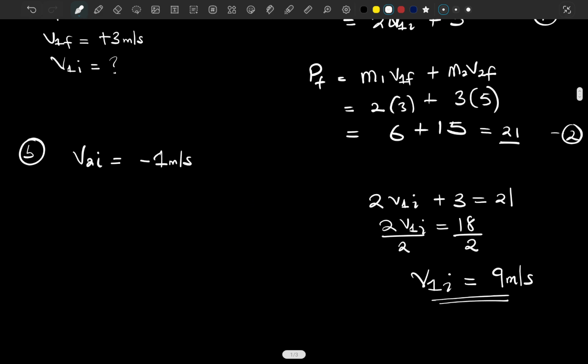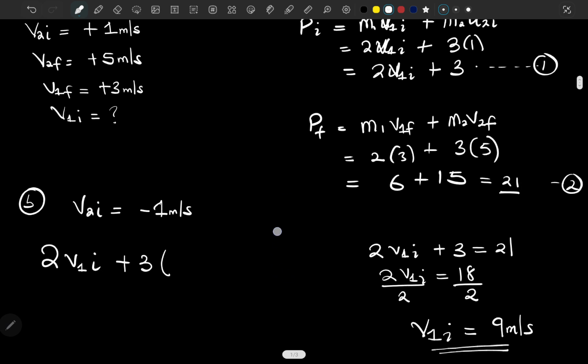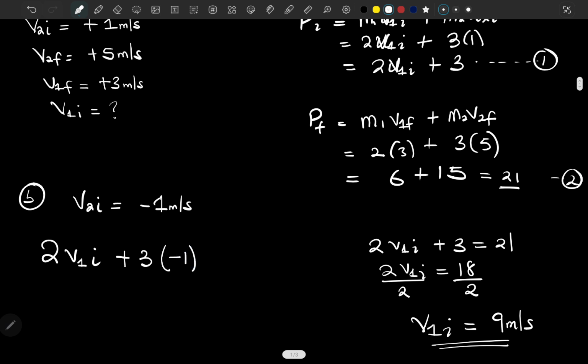Meaning, in all the equations that we got here, we had 2 v1i plus 3, where I put 1, it will now be negative 1. And this should be equal to the final momentum, which will be the same, 21.